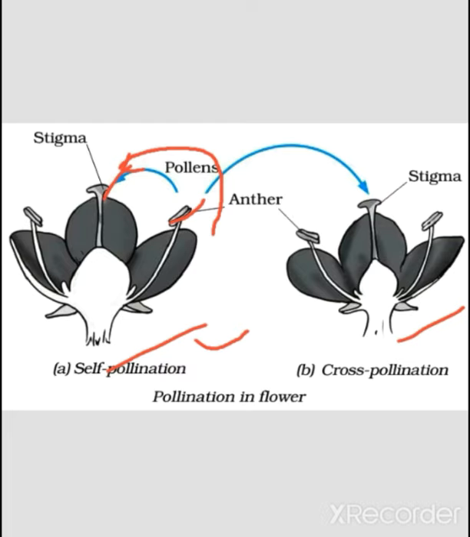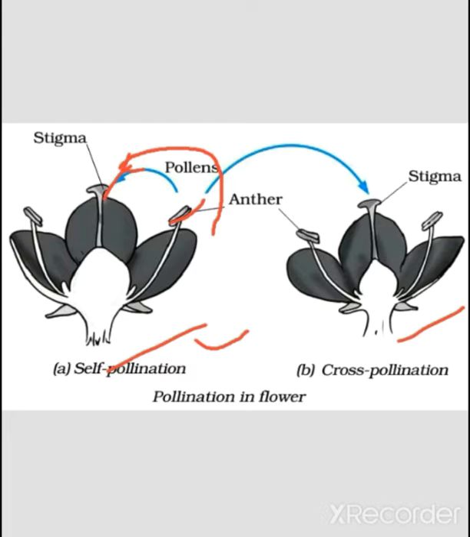So let's start with homogamy. The homogamous type of self pollination mainly occurs in open flowers or chasmogamous flowers. In open flowers, homogamy happens when the anther and the stigma are brought together by growth, bending, or folding.